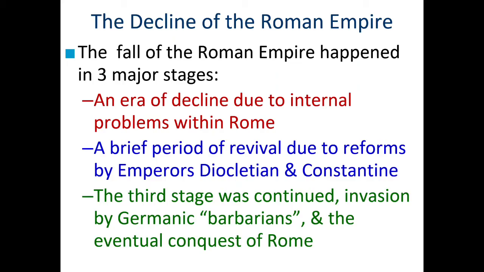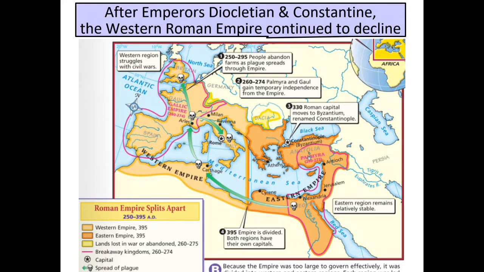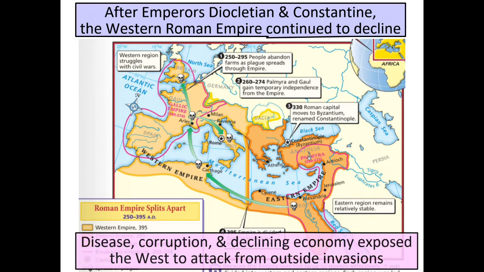As we said, the fall of the Roman Empire happened in 3 stages, that first stage being the era of decline due to internal problems within Rome, that second stage being that brief period of revival due to the reforms by emperors Diocletian and Constantine, and then the third stage was continued invasion by Germanic barbarians and the eventual conquest of Rome. After the emperors Diocletian and Constantine, the Roman Empire continued to decline.